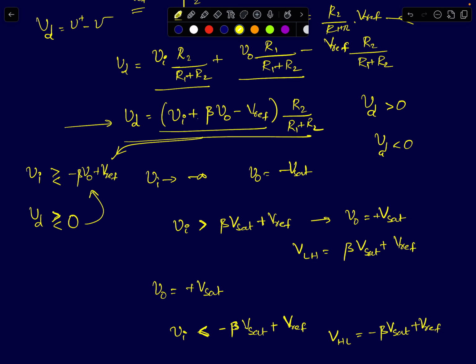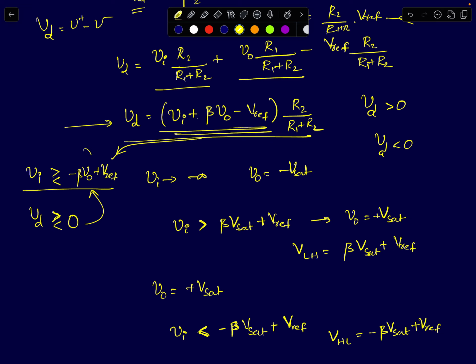Equate this term to 0 and you get this: if your Vi is greater than or less than minus beta V0 plus Vref, you will have a transition, either low to high or high to low.